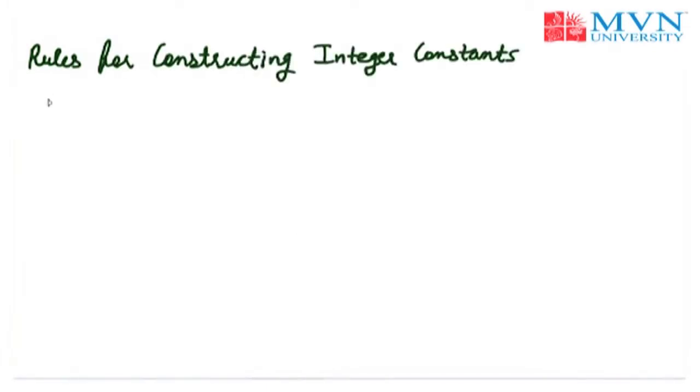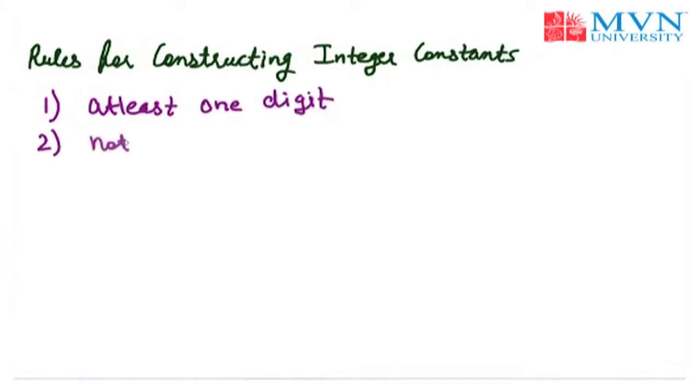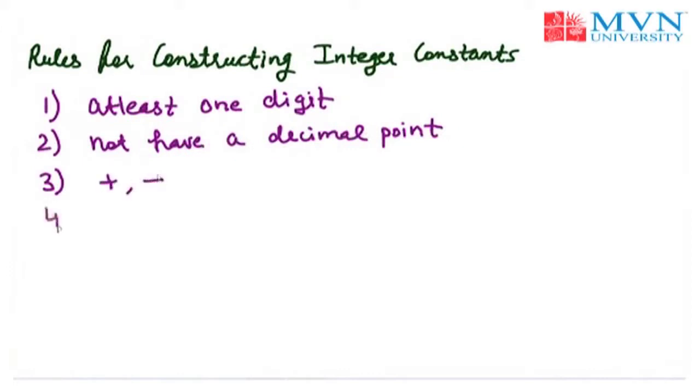The first rule is an integer constant must have at least one digit. The second rule is it must not have a decimal point. Third is it can be either positive or negative. Fourth is default sign is positive.